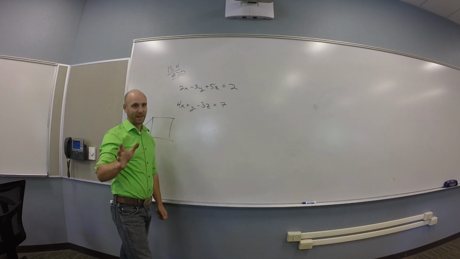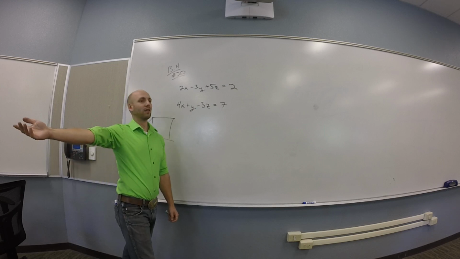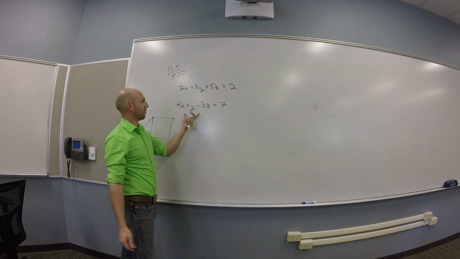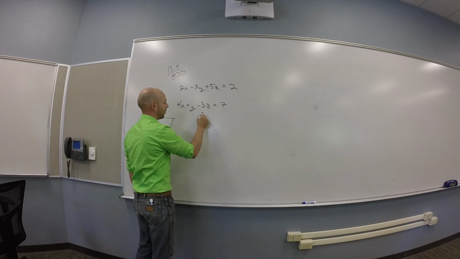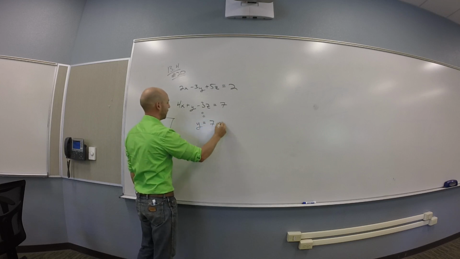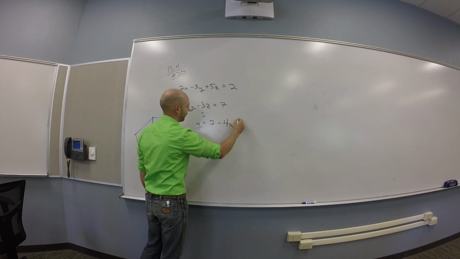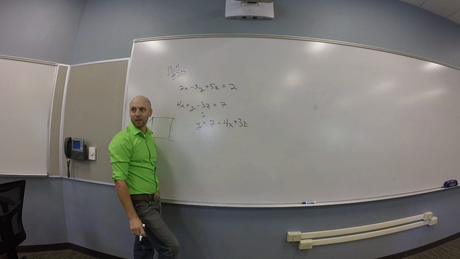Let's actually eliminate a variable. How could I do that? Substitute everything for y. Yeah, I could pick what y is in this one. You guys see that? So I could take this bottom equation and rethink it as y is 7 minus 4x plus 3z. You guys all playing along with that?